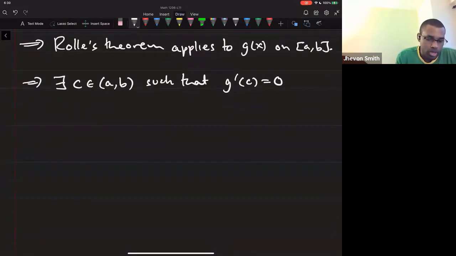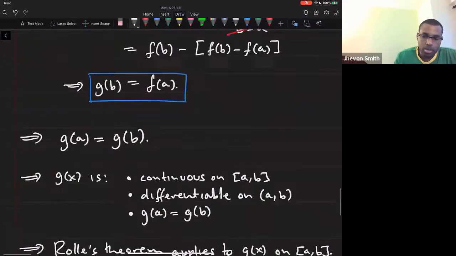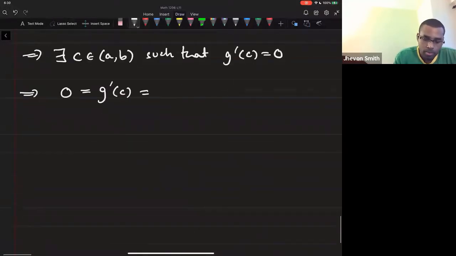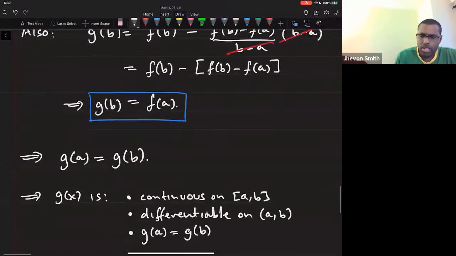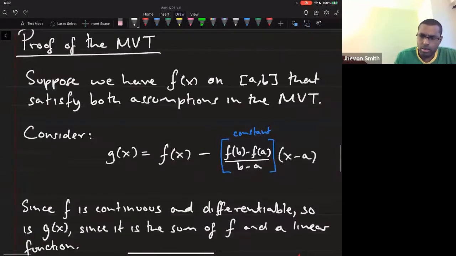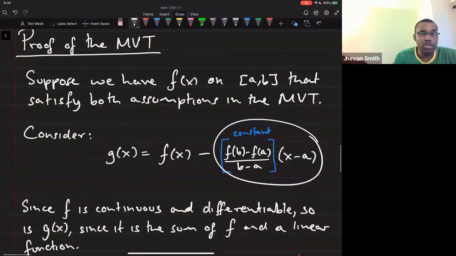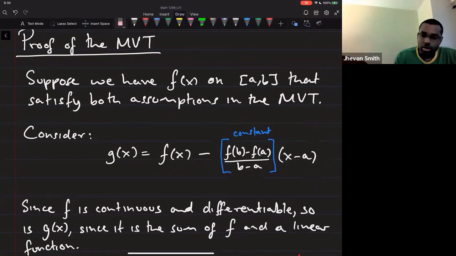But what is g prime of c? This means that our 0 is equal to g prime of c, but g prime is just going to be f prime minus, if you take the derivative of this function here, the derivative of a linear function is just the coefficient, right?